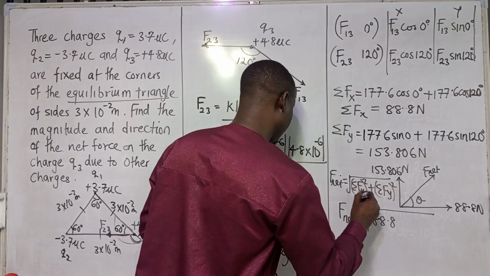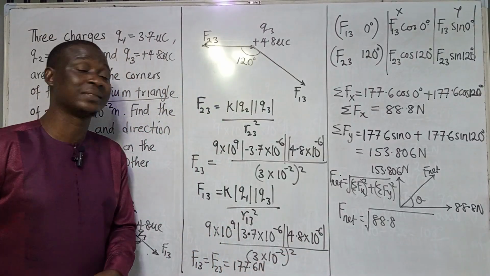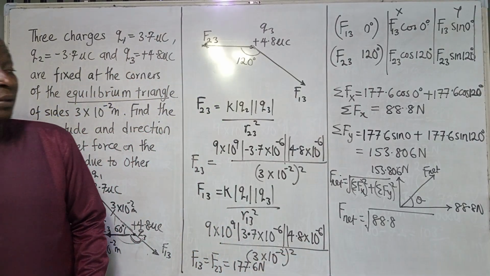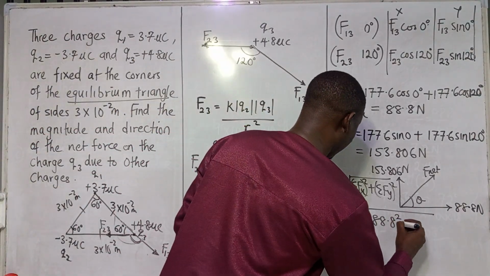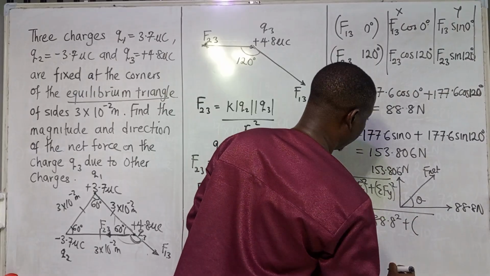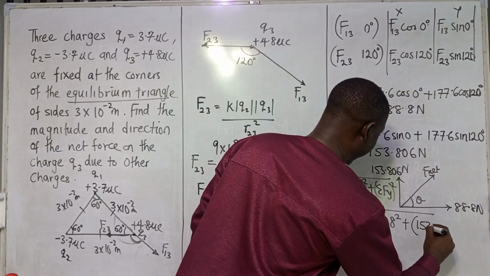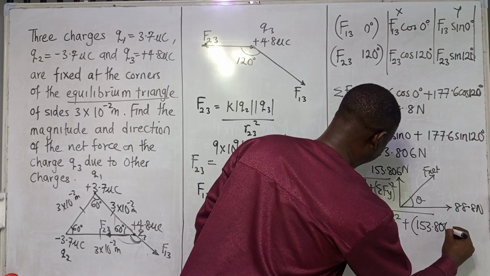This is the formula I'm using now, so take note of that. So this one is 88.8 square plus 153.806 all square.